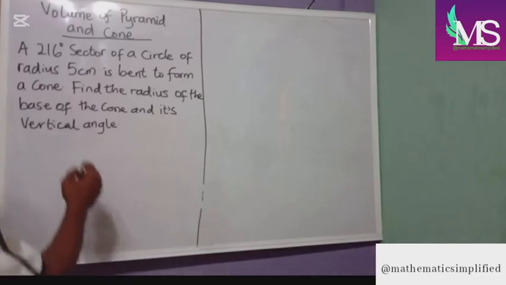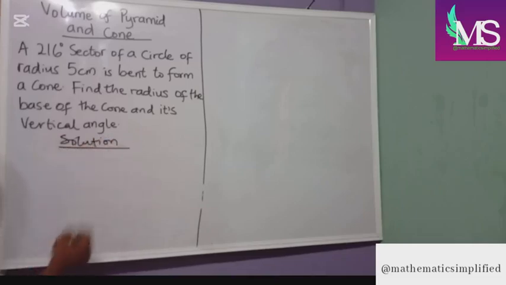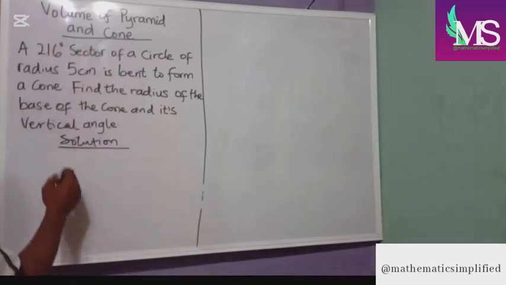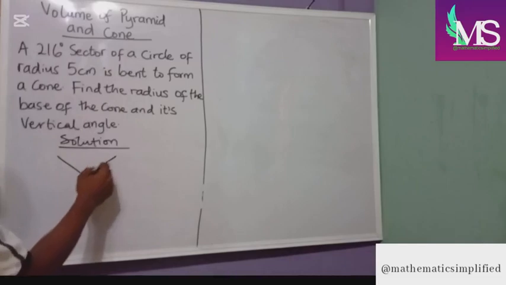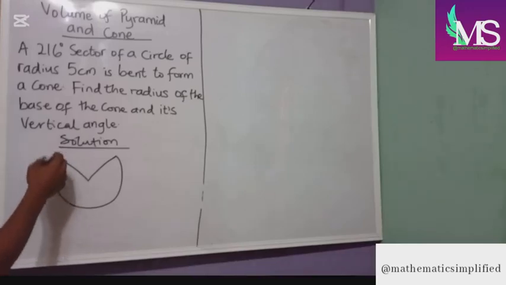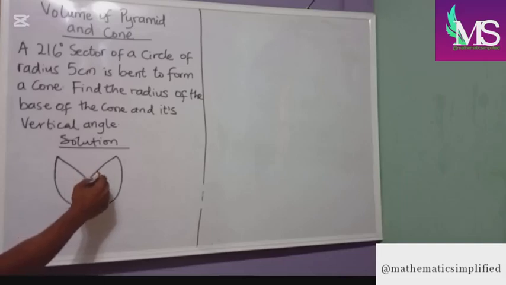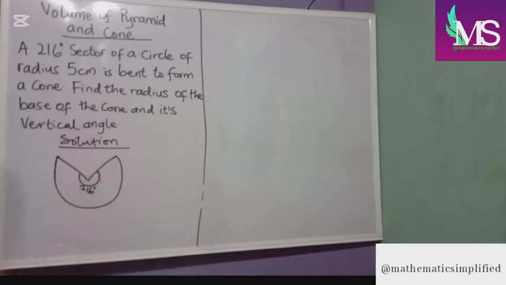Now, for us to solve this, we are first of all going to represent this sector. A sector is a part of a circle formed by 2 radii and an arc. If we have this, we know that this angle is 216 degrees.